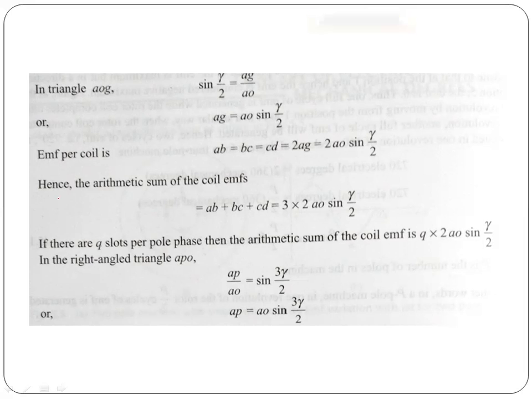And if there are Q slots per pole per phase, then the arithmetic sum of the coil EMFs is Q into 2AO sine gamma by 2. In the right angle triangle APO, AP by AO equals sine 3 gamma by 2, and AP equals AO sine 3 gamma by 2.